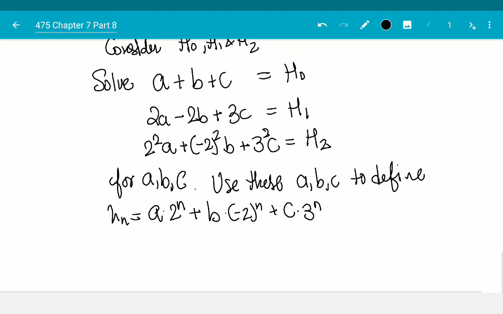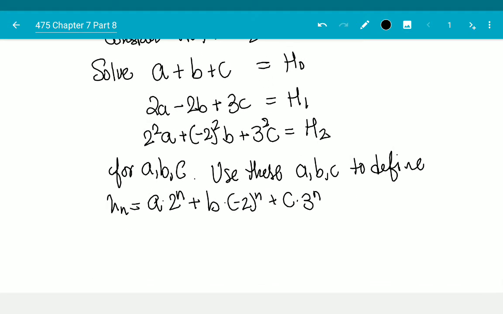Now, it might be slightly hard to figure out these a, b, and c, but it is always possible to do so, as long as these equations are linearly independent, as in one is not a multiplication or the addition of the first two, right?